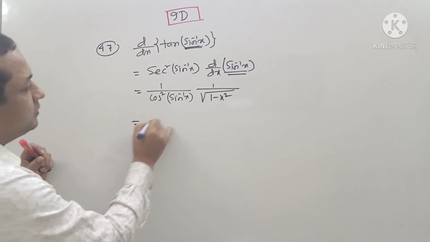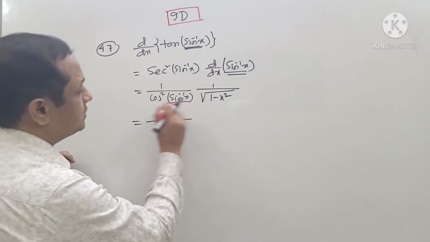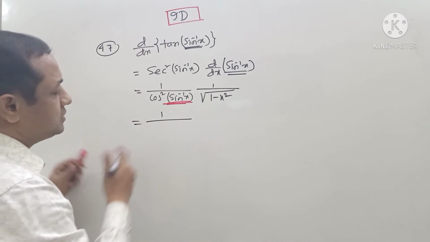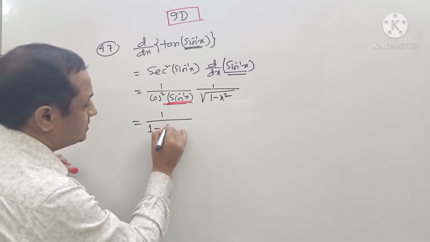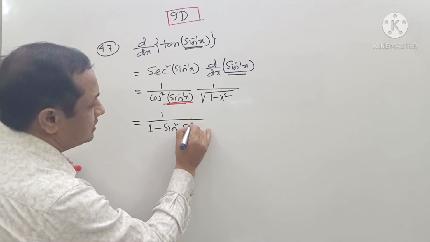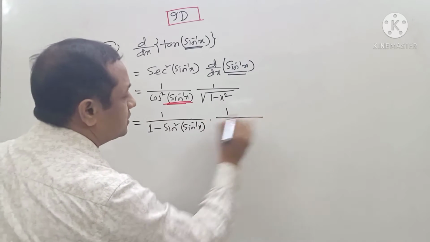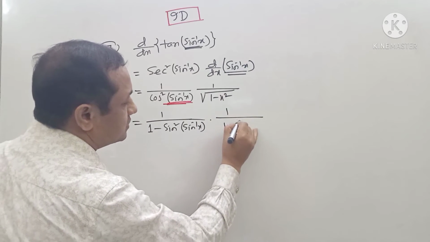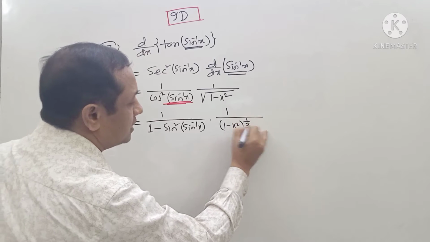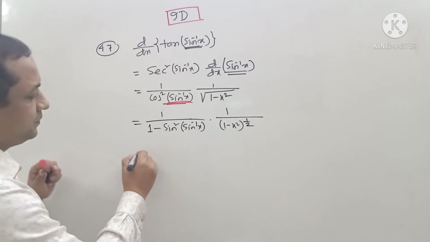So next line, again using the formula, cos² θ means 1 minus sin² θ. Here θ is sin⁻¹x. Then we can write (1 minus x²) whole to the power half. Root over means whole to the power half.